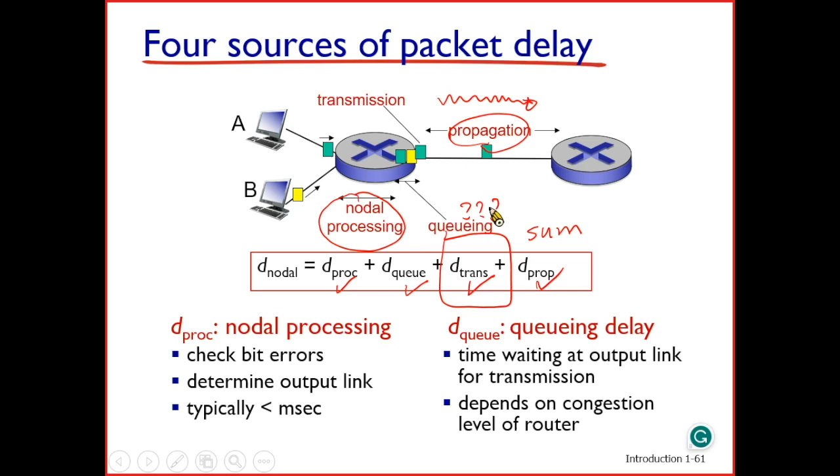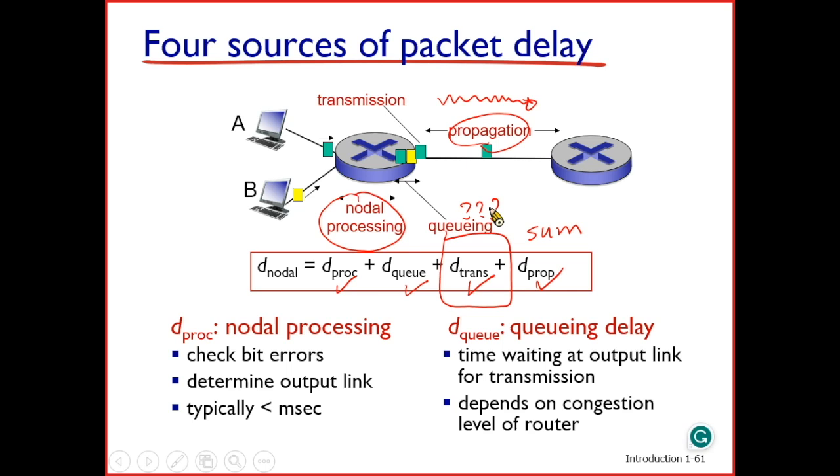Because of zero processing, queuing, and propagation delay, we simply considered transmission delay. Is it correct? Of course, under the assumption, it is correct. But if you want to consider the practical scenario, we need to consider the other three types of delays.